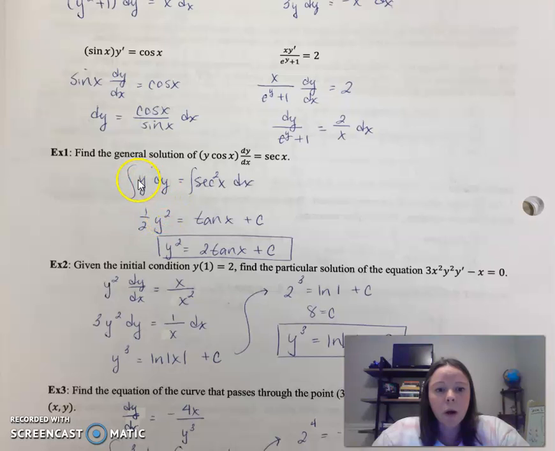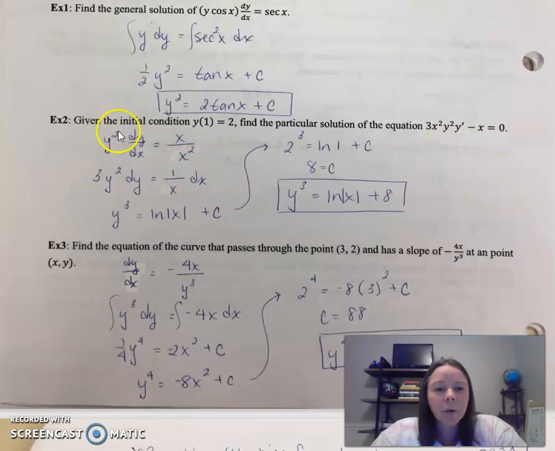So y, of course, turns into 1/2 y squared equals secant squared turns into tangent. And then the plus c, that plus c absorbs the plus c from the left side. They don't cancel out. They're not the same plus c, but this c can absorb the one from the left. And there's your answer. Now, you're not going to always be able to get y by itself, and it's perfectly acceptable to leave it like that.